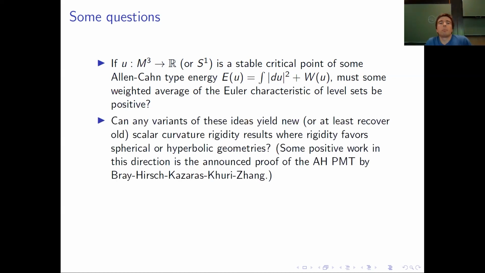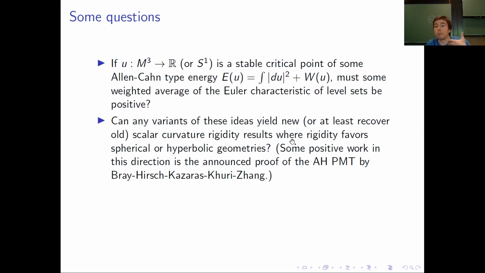All right, so maybe a more serious question is whether one can use variants of these ideas to get rigidity results where rigidity favors spherical or hyperbolic geometries. So all the rigidity results I showed favored flat, or some flat cylinder over some surface, geometry. And maybe I'll advertise there's some positive work in this direction.